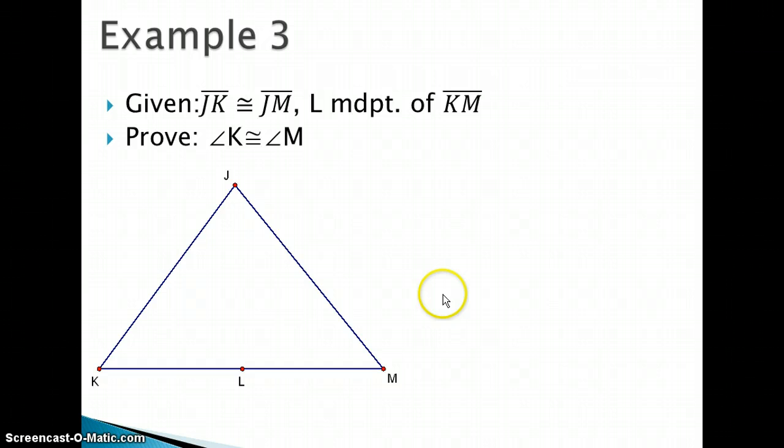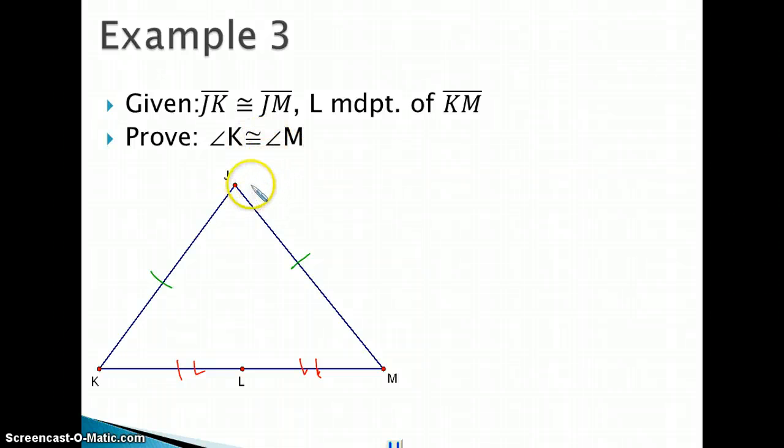So in example 3, it looks like we've got everything we need, but we don't. We have enough information to show that JK and JM are congruent. I know that L is the midpoint of KM, which is going to tell me that these two segments are congruent.